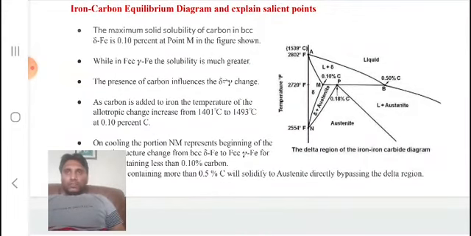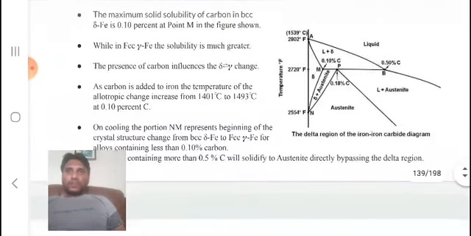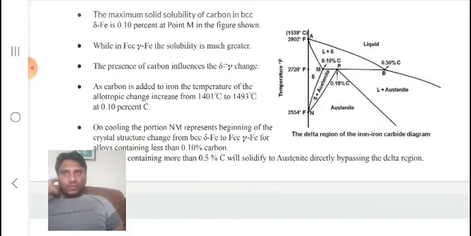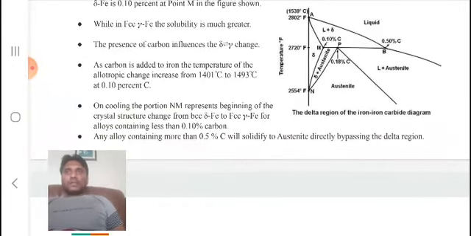So on cooling, the portion NM represents the beginning of the crystal structure change from BCC delta iron to FCC gamma iron for alloys containing less than 0.1% carbon. An alloy containing more than 0.5% carbon will solidify to austenite directly, bypassing the delta region.